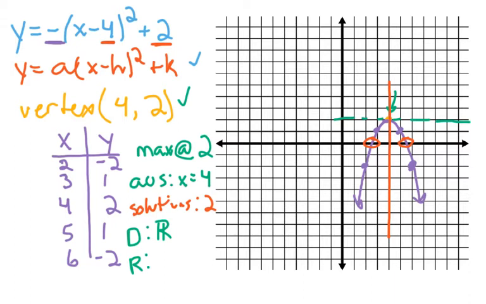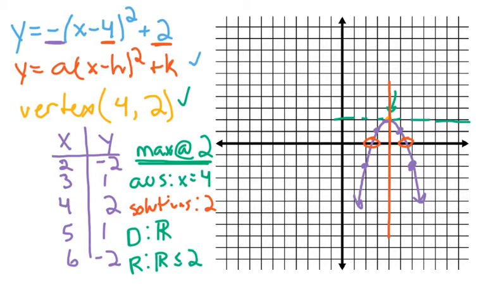Your range, however, you can't get whatever you want back. And this has to play with max and min. Okay, so this part right here will be related to this. If the maximum value you can get is 2, that means your range would be all real values that are less than or equal to 2.